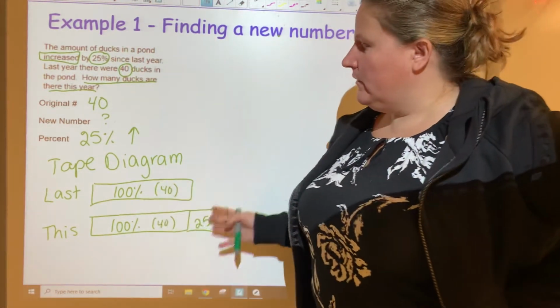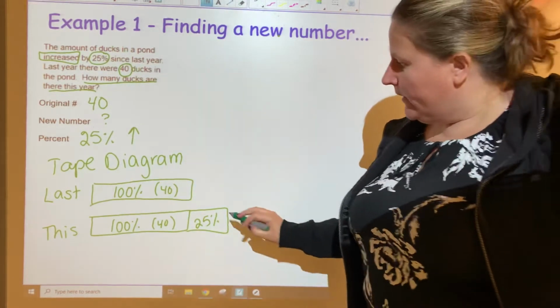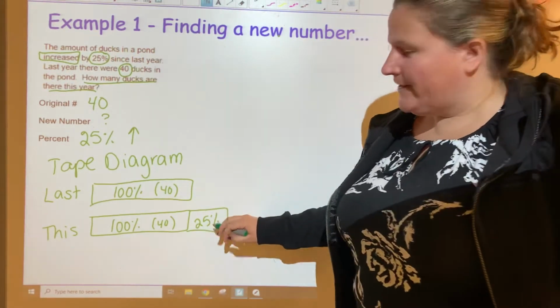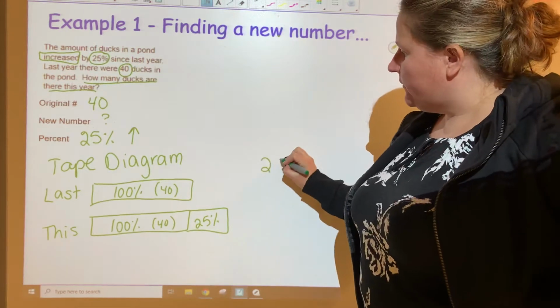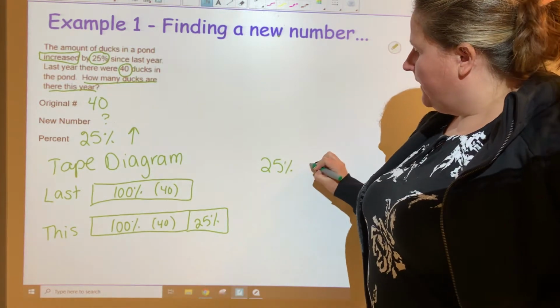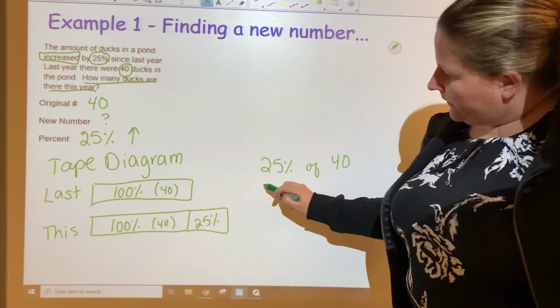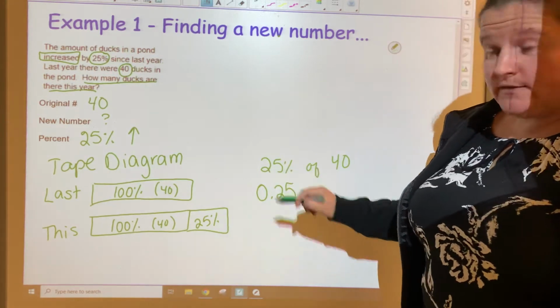So we can solve it using the tape diagram. We can take it a step further and try to figure out what this piece is. So that's the first thing we're doing. I'm trying to figure out what that 25% is, or that number I'm adding on. So let's say then I would figure out what 25% of my ducks are, okay? So we know that our percent is a decimal.